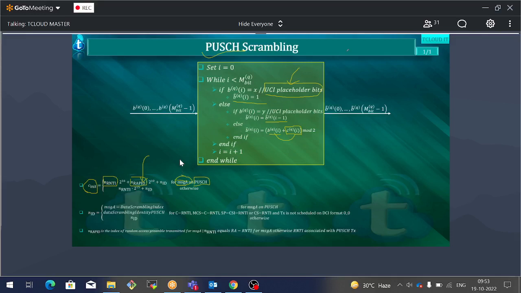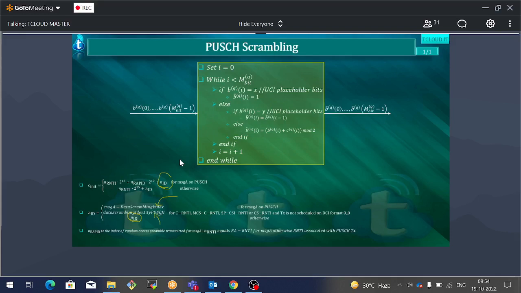And what is this N_ID? N_ID would be either your network ID. Typically, it is your PCI, physical scrambling code, or there is a separate message related data scrambling index or data scrambling identity that can be used for PUSCH. It is provided as part of the higher layer parameters.